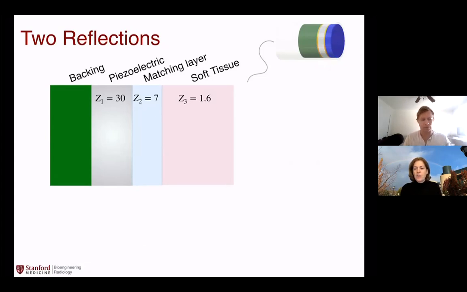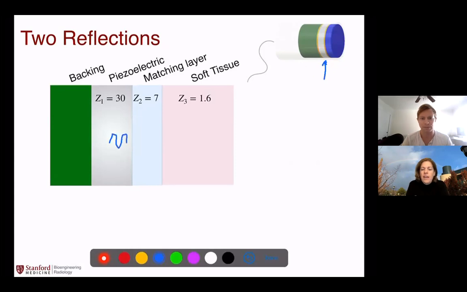But the key thing I wanted to talk about is what happens when you're creating the ultrasound in the piezoelectric crystals. You start the pressure wave here, and then there's the soft tissue over here, and you really want the pressure wave transmitted into the soft tissue.